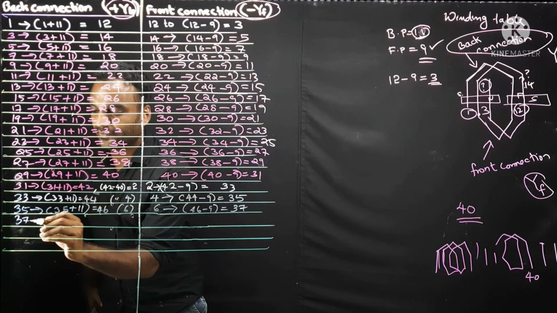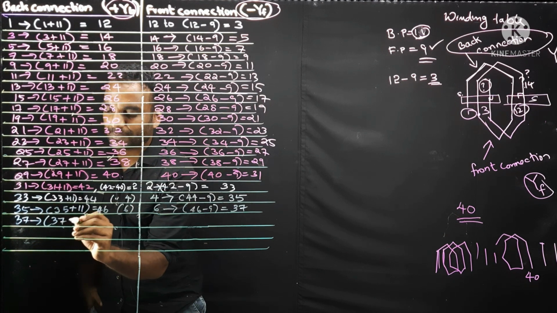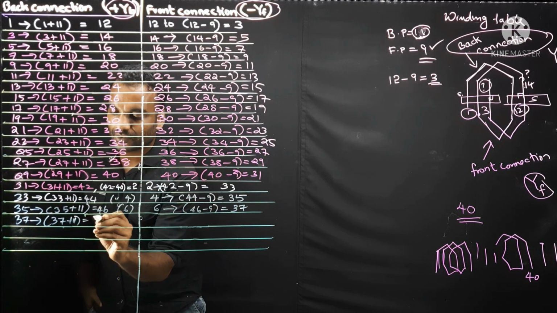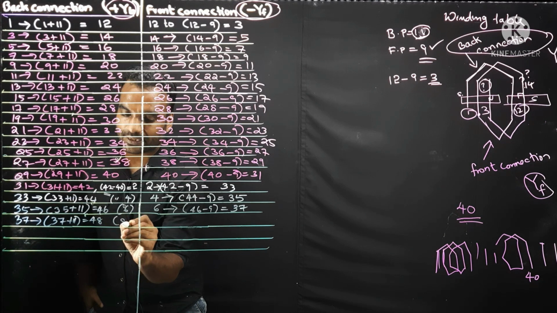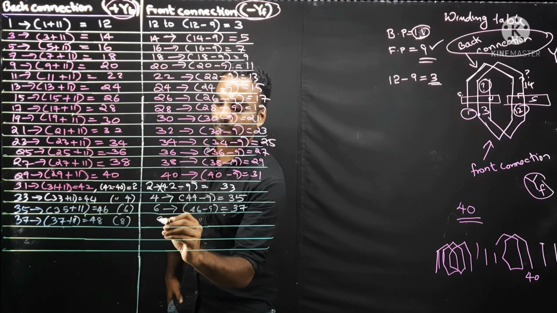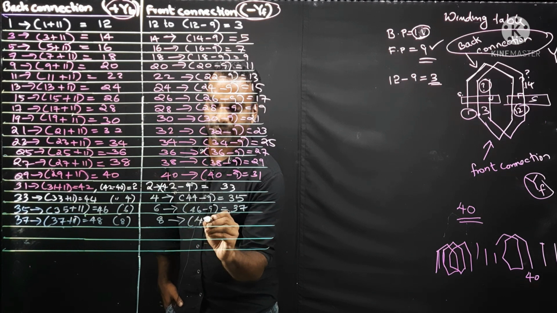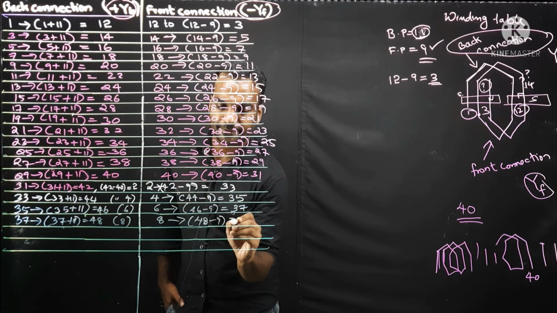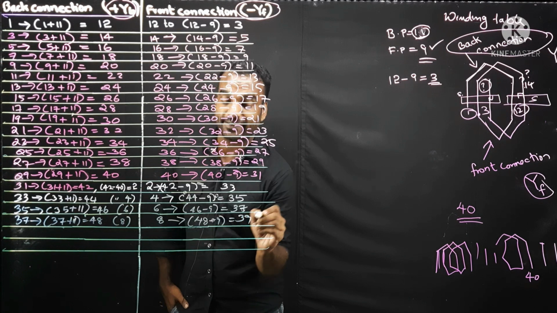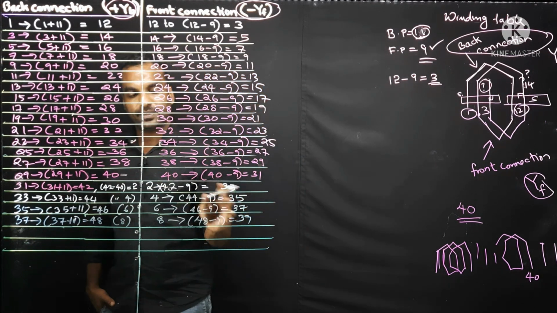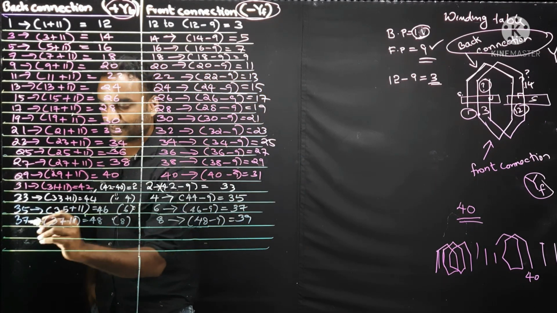Now from 37, 37 plus 11, that is 48, which is nothing but 8 itself, and from 8, 48 minus 9, that is 39. Now it's okay, 39 is there in the conductors.